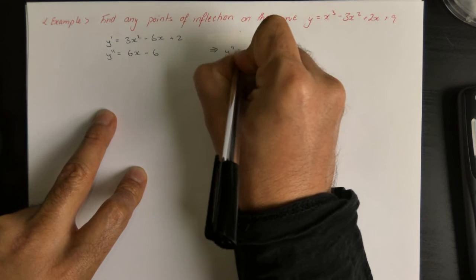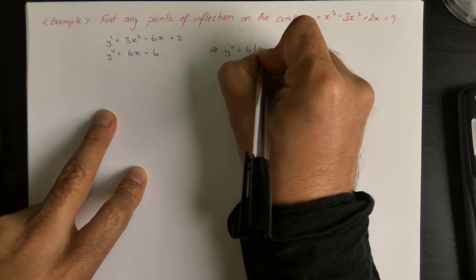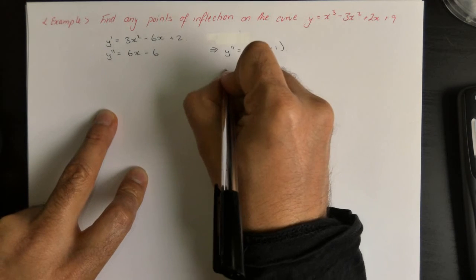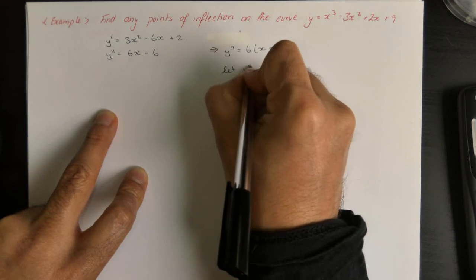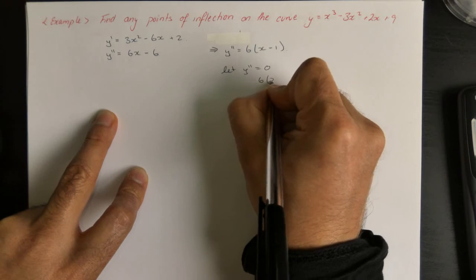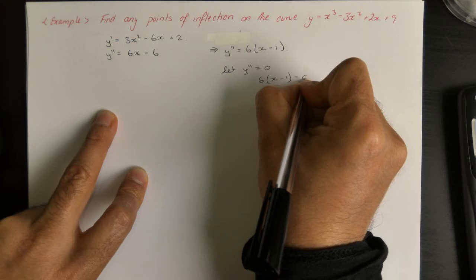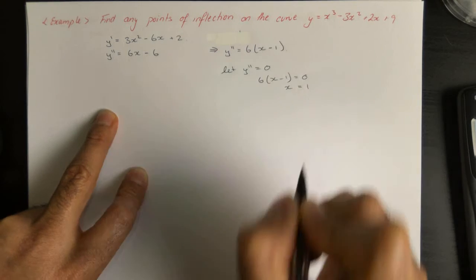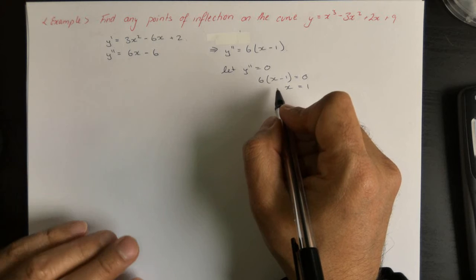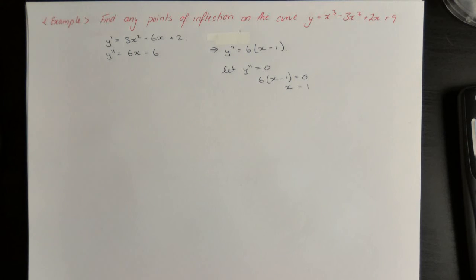So y double dash will be 6 lots of (x minus 1). If we let the second derivative equal 0, we get x equals 1, where there is some change of concavity happening.